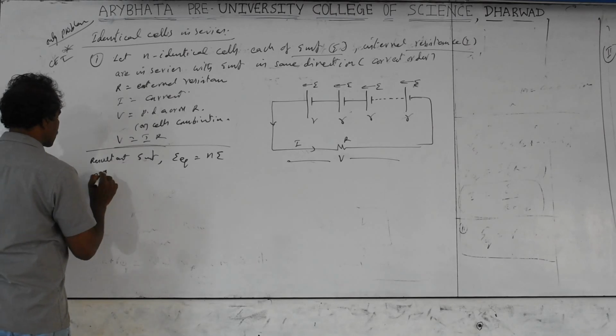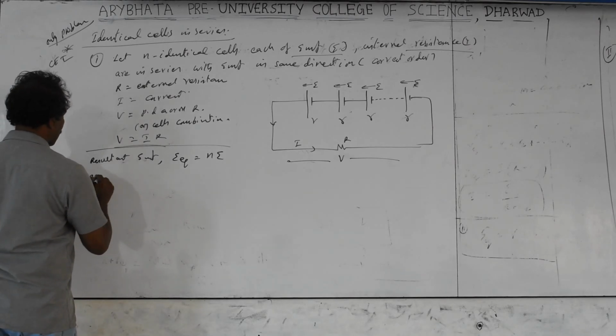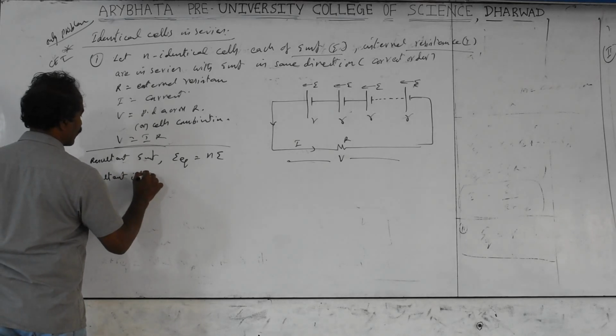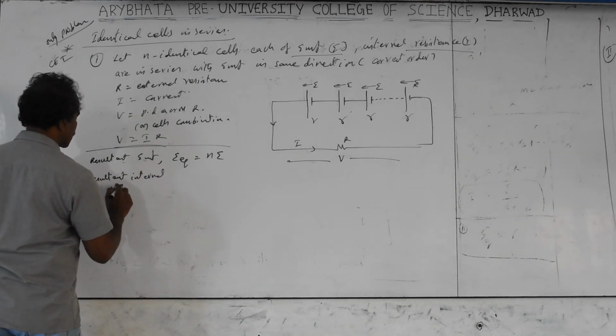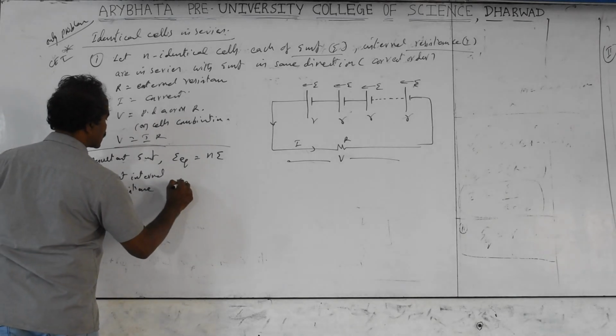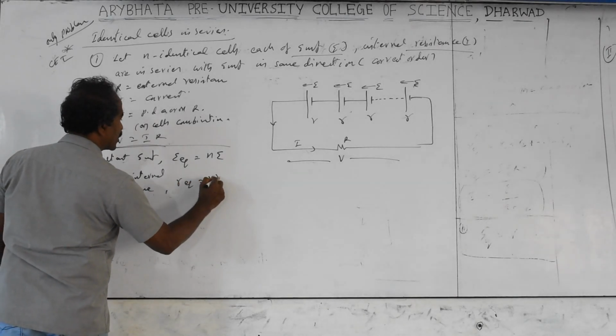Resultant internal resistance r equivalent is equal to n into small r.